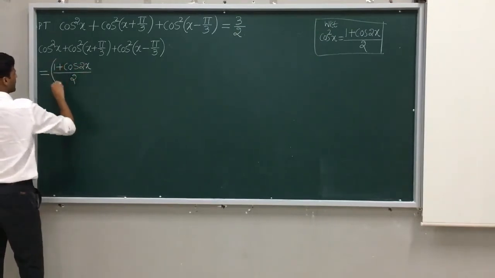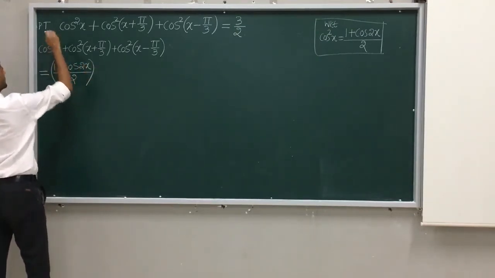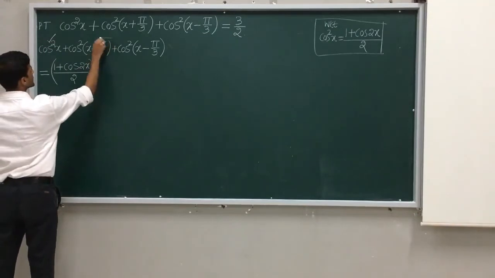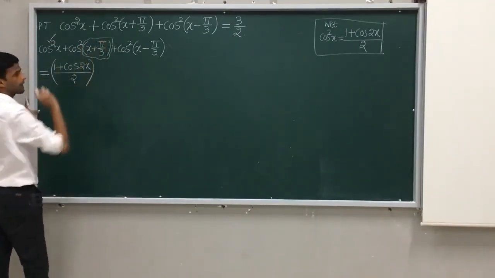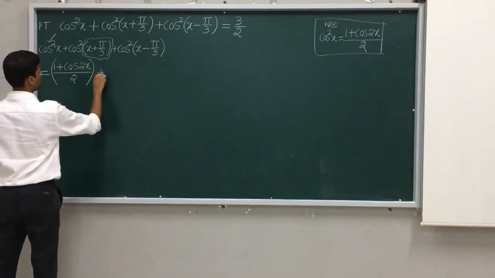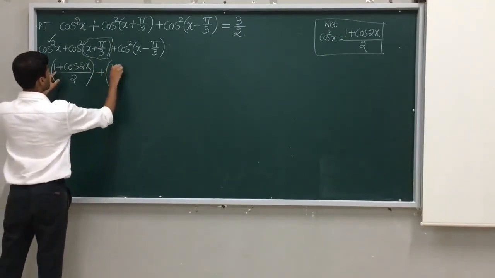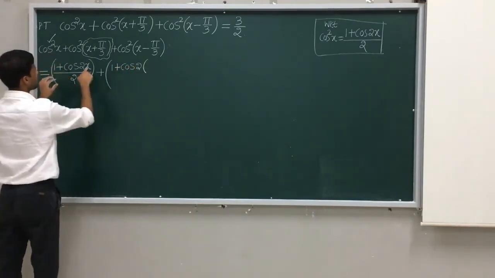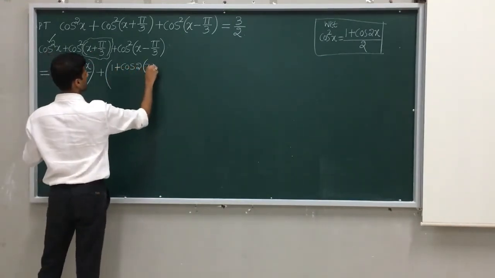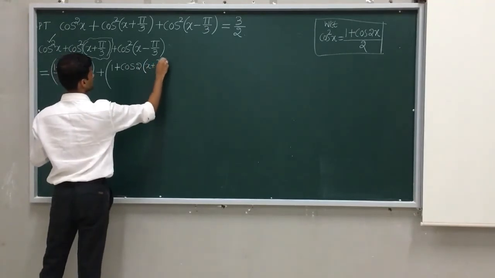So I wrote the answer for this. Now in this expression again it is cos square only, but in place of x what do we have? x plus pi by 3. So it becomes (1 plus cos 2 into (x plus pi by 3)) upon 2. Hope you understand.